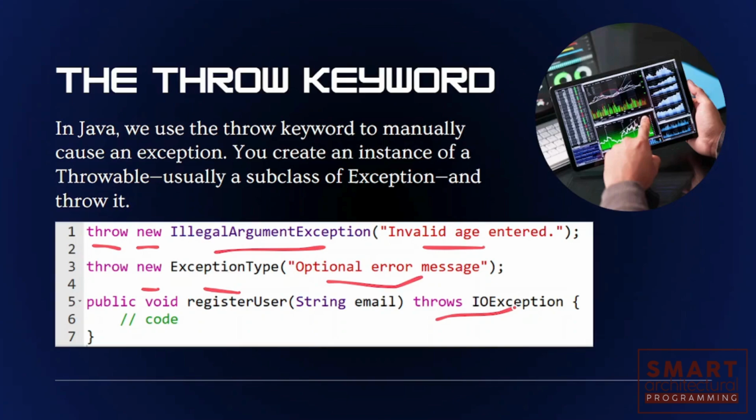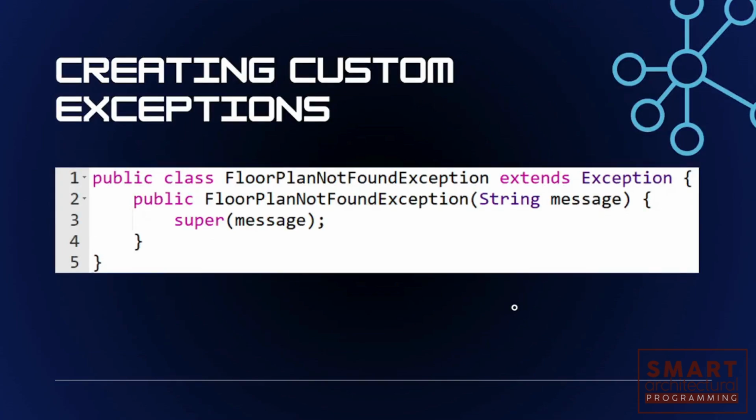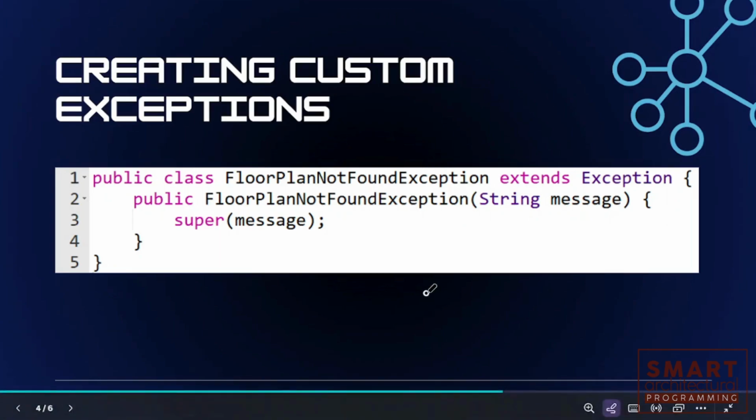So with that, let's focus on creating custom exceptions. What are custom exceptions? Sometimes Java's built-in exceptions don't quite describe your situation. Let's say you're building an architectural planning app, and you want to throw a FloorPlanNotFound exception. How do you do that? As you can see in this code here, this is a custom exception.